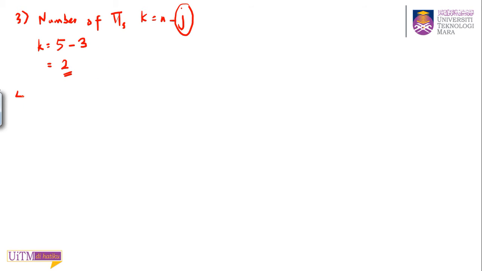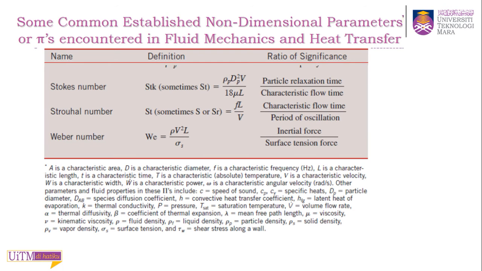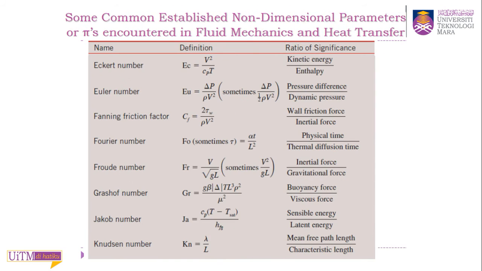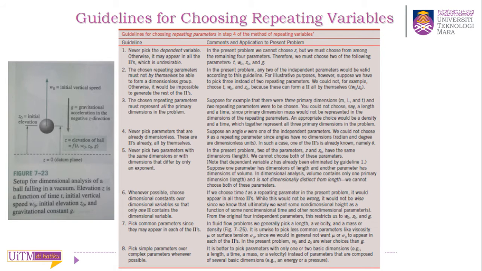So step number 4. How to choose repeating variables. Choose repeating variables or parameters. I explained to you before how we can choose these repeating variables according to this guideline. Remember this guideline for step 4? Yes, sir.